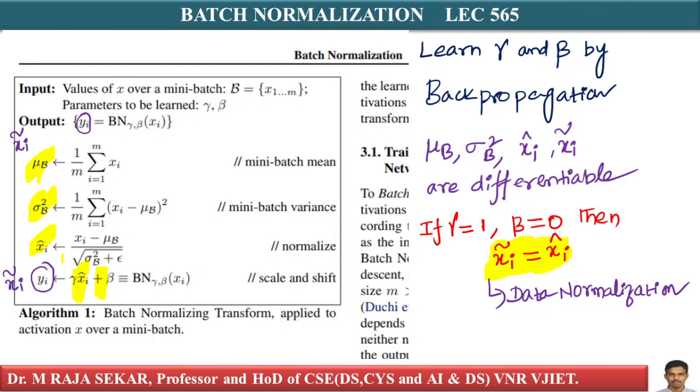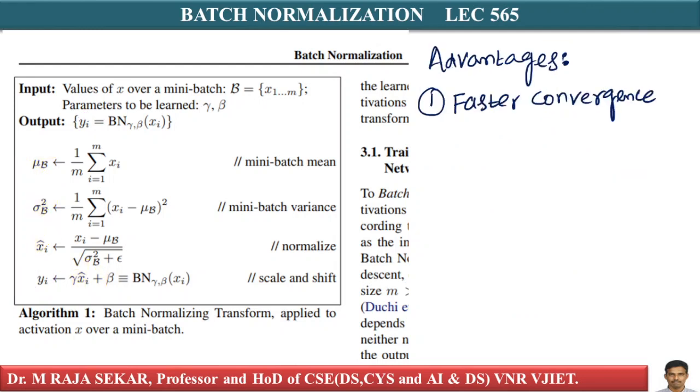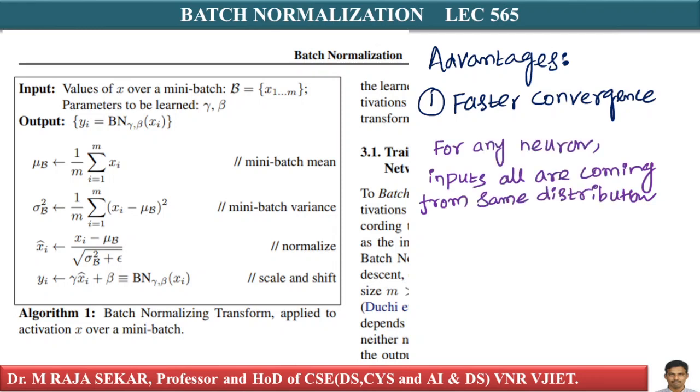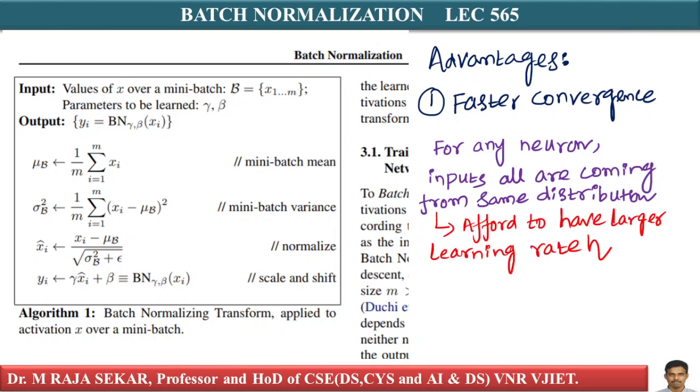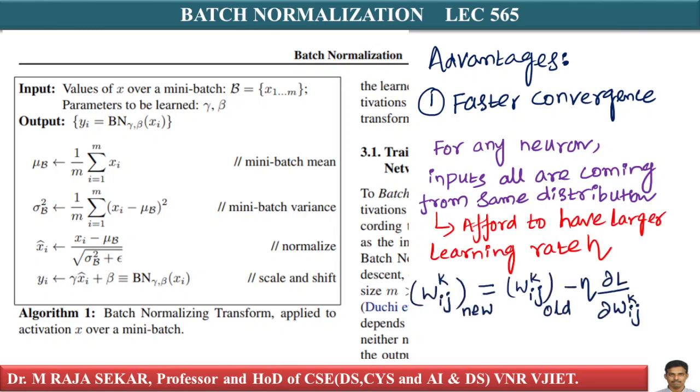There are a couple of major advantages with batch normalization. It helps you to have faster convergence. The reason is, for any neuron, inputs are all coming from the same distribution every time. When such an advantage occurs, you can afford to have a larger learning rate. What is your weight update equation?